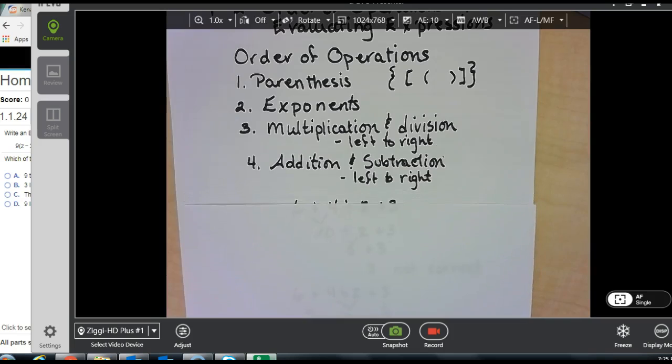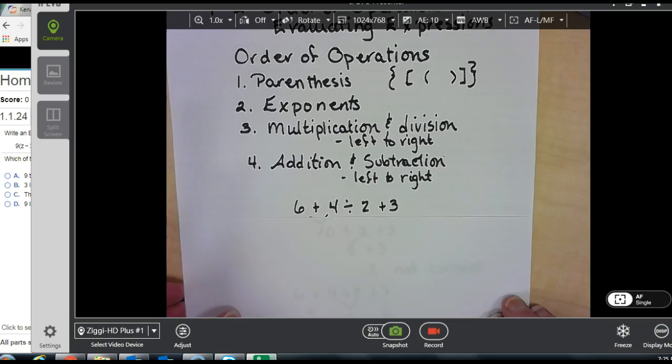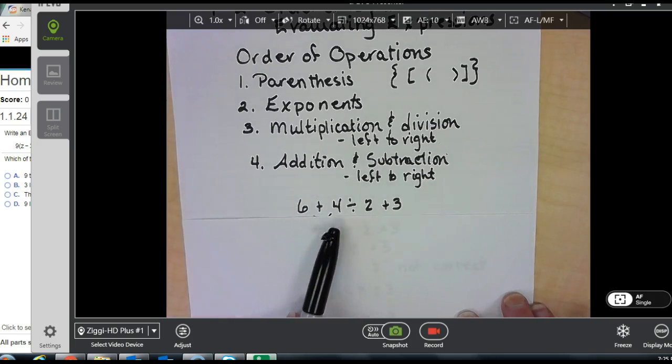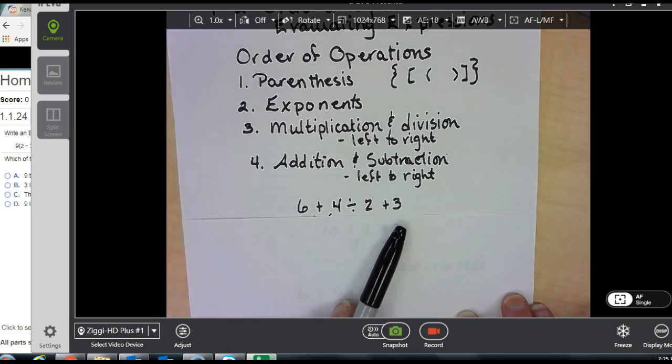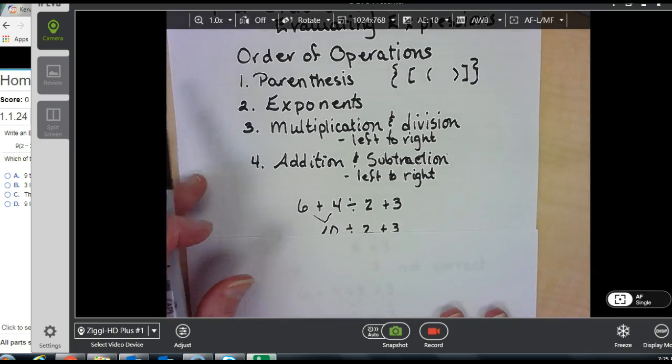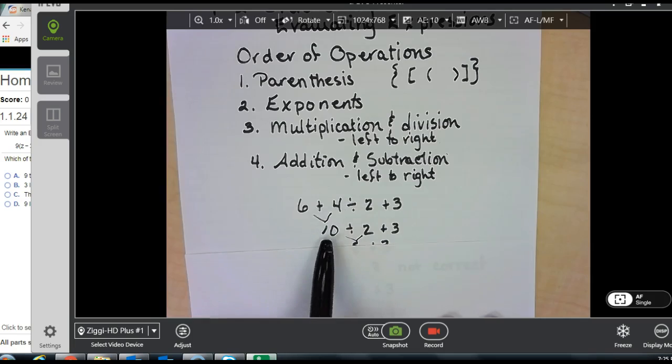So when we do a sample problem, if I see 6 plus 4 divided by 2 plus 3, if I just go from left to right, I would get 6 plus 4 is 10 divided by 2 plus 3. Those are just brought down. 10 divided by 2 is 5. 5 plus 3 is 8.